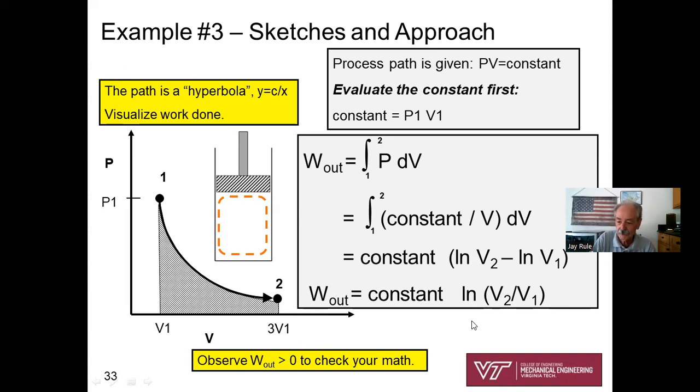This is a classic quiz situation where you don't have to do a lot of calculations. You calculate the constant P1 V1 times the natural log of 3 to get the work. Not bad. This is a classic quiz question.